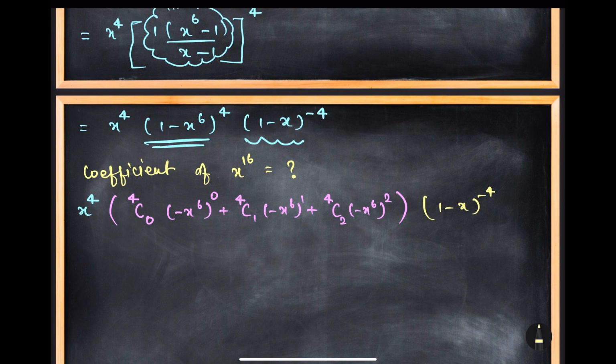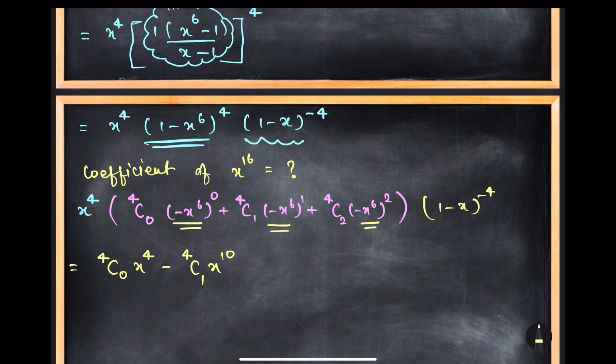Now let's rewrite things and multiply everything. Here x power 0, so we will have 4c0, and x power 0 will be multiplied with x power 4, so we will have x power 4. Here the power is odd, so you will have minus 4c1 x power 6 into x power 4, so it is x power 10.